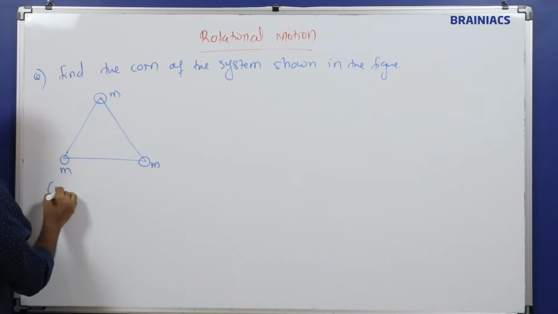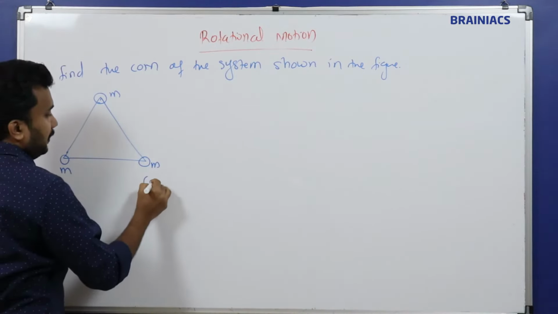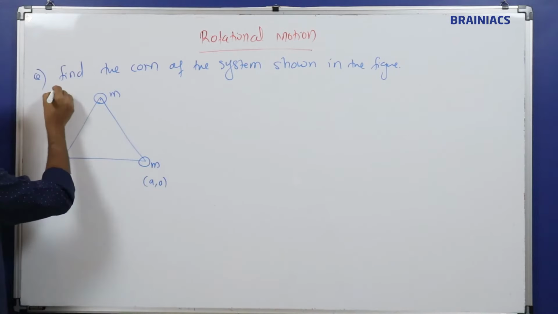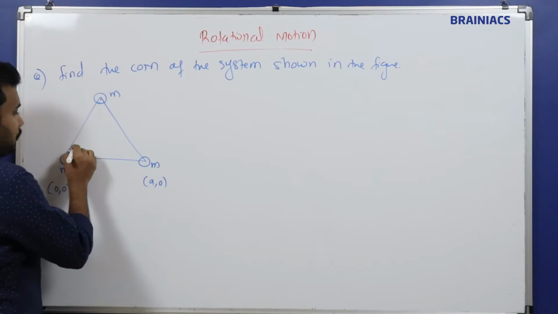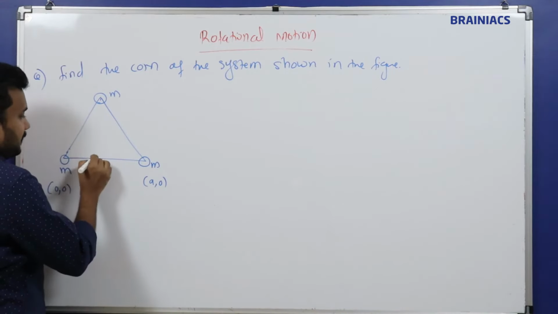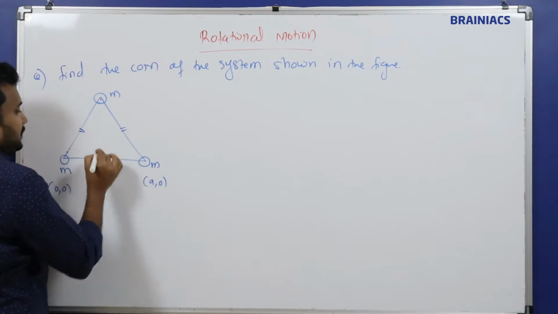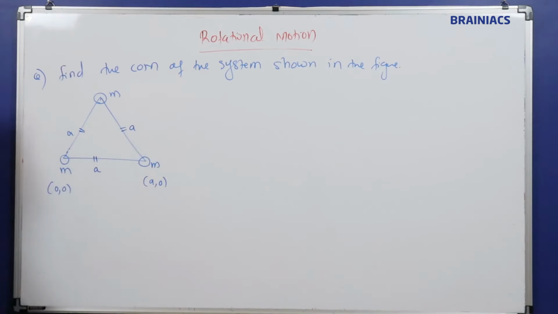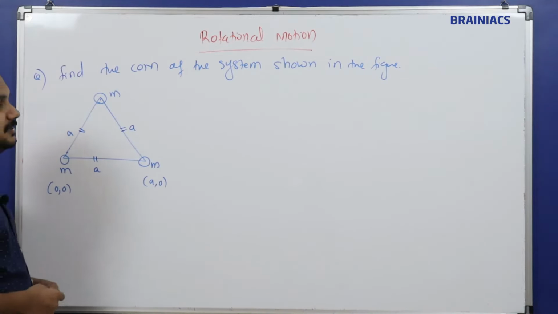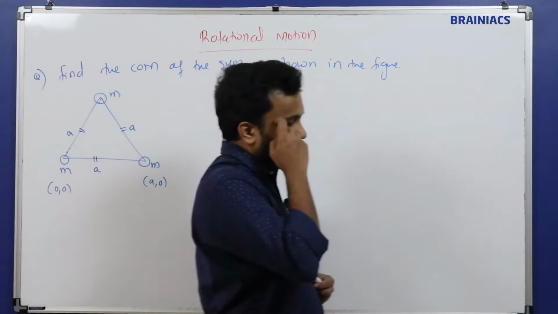The position coordinates given are 0, 0 and a, 0. All the sides are equal, each having side length a. Only these parameters are given, and we need to find where the center of mass of the system is located.